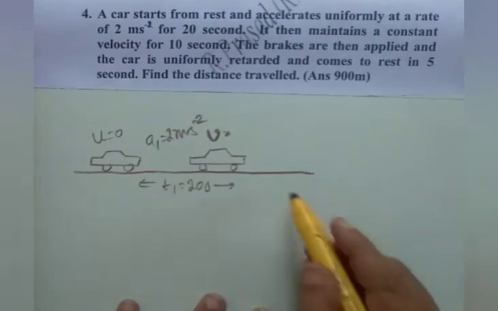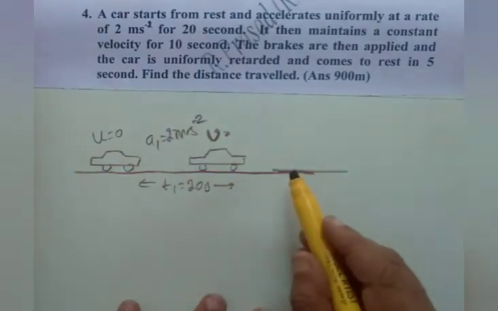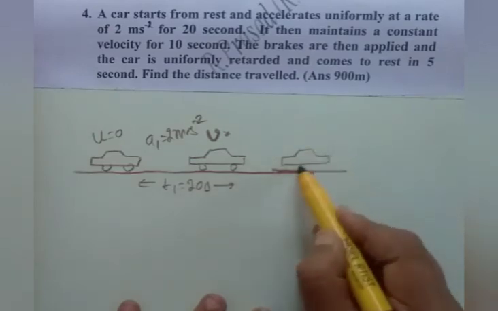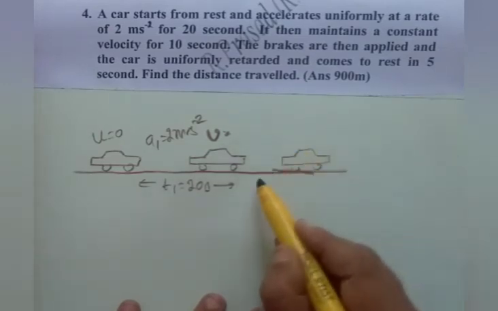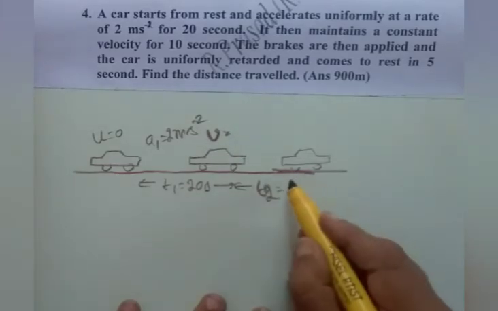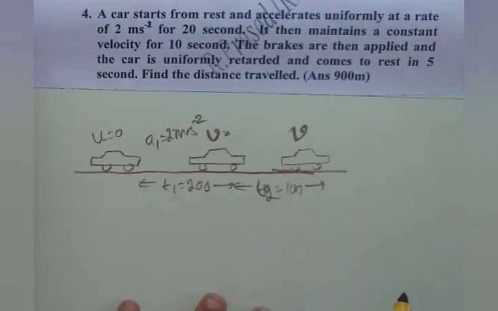After that, it moves with the same velocity v for 10 seconds. At 10 seconds, it comes to here. Here to here gap is 10 seconds. I call it t2, 10 seconds. Here also the velocity v remains the same.